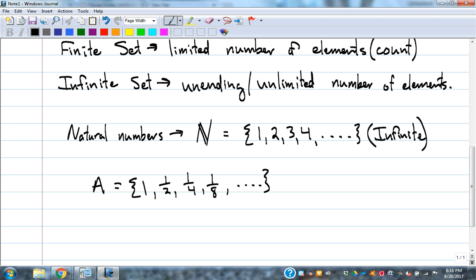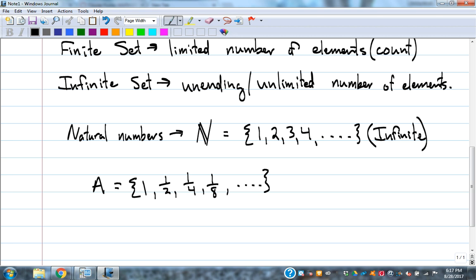The next number would be a 16th, then a 32nd, a 64th, 128th. We can keep going. We get smaller and smaller numbers, but it keeps going. Here's the clue: the ... at the end tells you that the pattern keeps going on forever. If it keeps going on forever, it doesn't end, right?